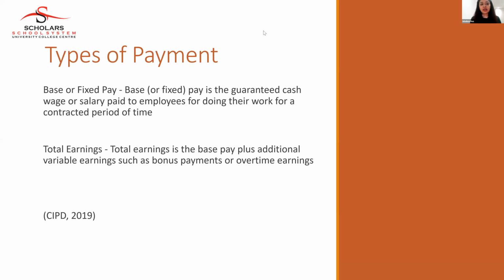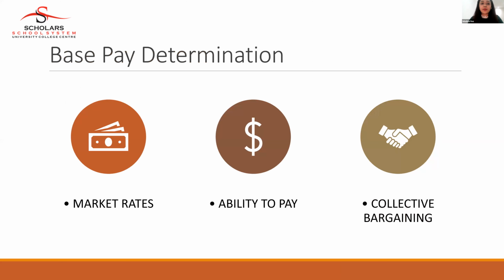Apart from that, you can give them some extra benefits, additional earnings, or additional fringe benefits that will result in the total earnings, the total payment, as a reward for their performance. Base payment, like I said, could be based upon the market rate, the UK minimum wage rate.